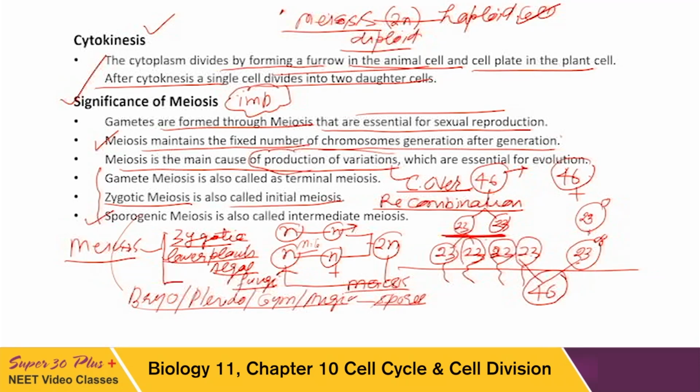That's what is known as sporic meiosis. And gametic meiosis, known as terminal meiosis, is found in animals. As a result of this meiosis, the gametes are formed. Is it right? Come to the next now.